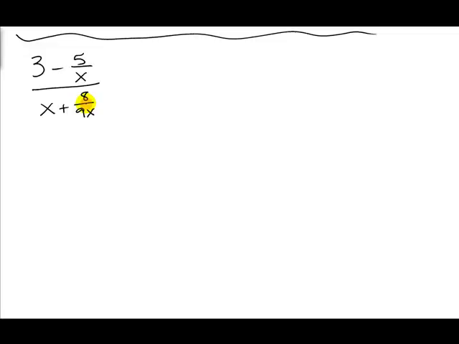This problem's a little bit more difficult. I've got to get a common denominator. So I want to remember that I'm going to write these whole numbers as fractions. And then I need a common denominator. So here on the top one, I can use x.